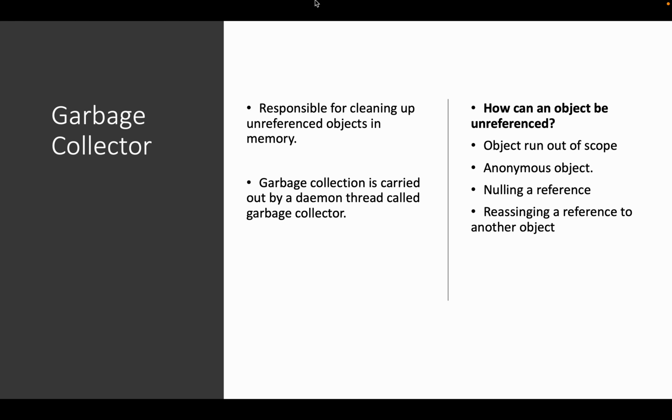Or maybe when you do reassignment of a reference to some other object, the object that it was previously pointing to can be available for garbage collection, provided it does not have other references pointing to it while in use in memory. Reassignment.